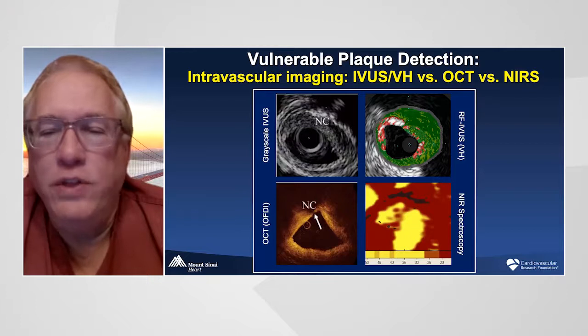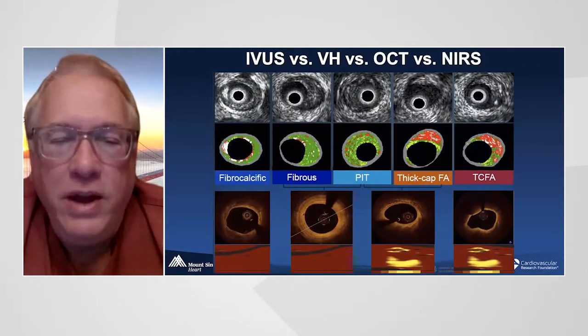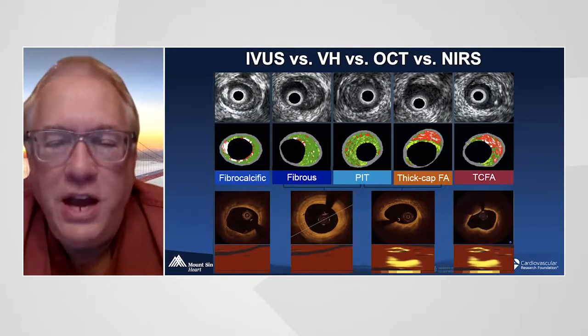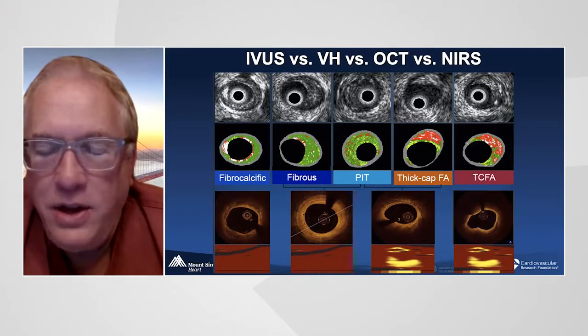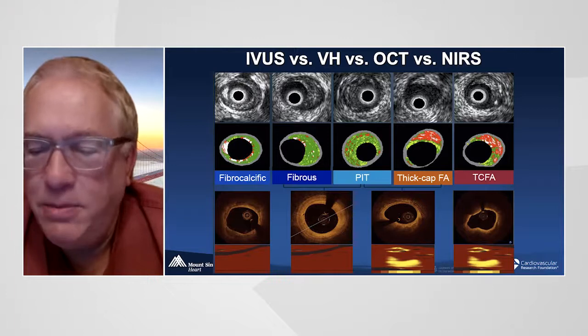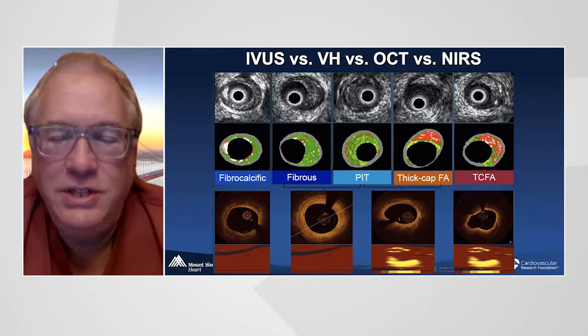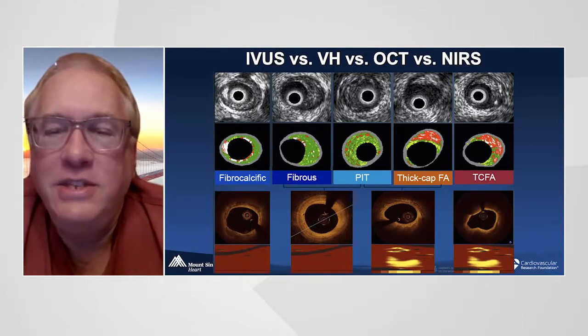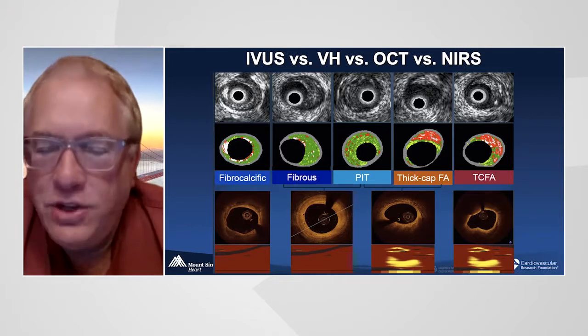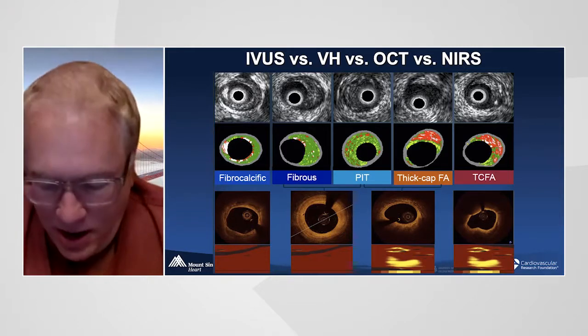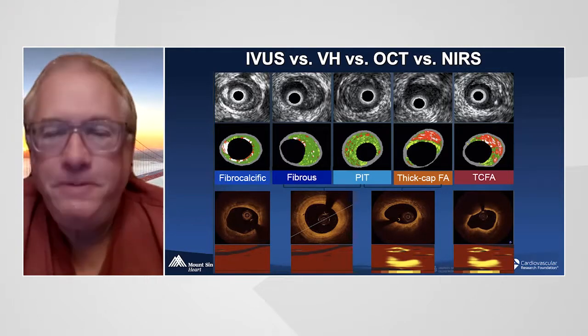I'm not going to go over these in detail, but basically grayscale IVUS, radio frequency IVUS, also known as virtual histology, optical coherence tomography, and NIRS infrared spectroscopy all have their characteristic signals that can identify some components of vulnerable plaque, whether it is the large necrotic core, the thin fibrous cap, a large lipid deposit, etc.